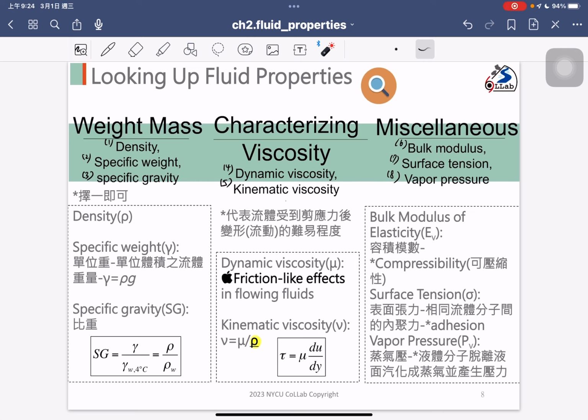And the final topic has three properties: the bulk modulus, surface tension, and vapor pressure. So totally we only have eight important fluid properties involved in this chapter, chapter 2.